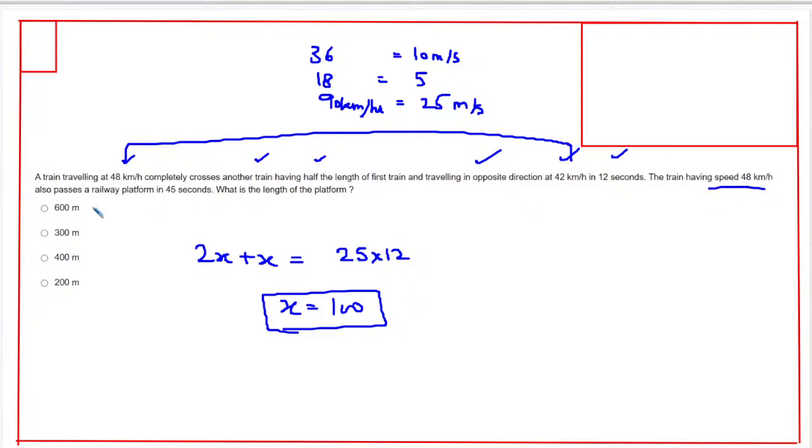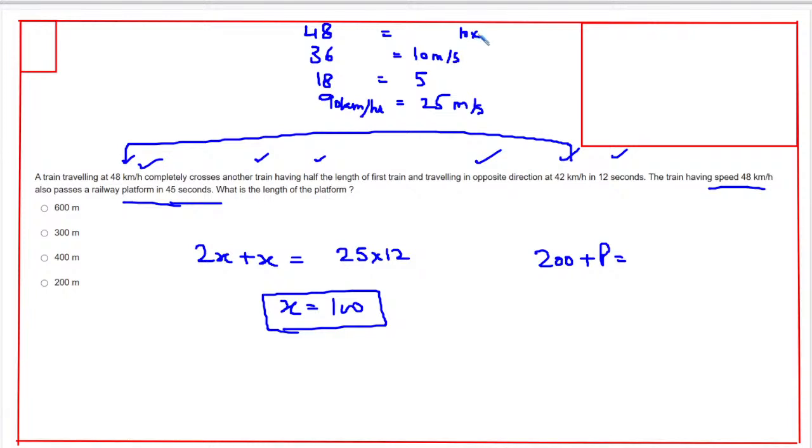The train having 48 speed passes a platform in 45 seconds. So the 48-speed train has the length of 2x, which means 200 is its length. The platform is P. 48 will correspond to what now? 36 is 10, so 48 would be 4 by 3 times.